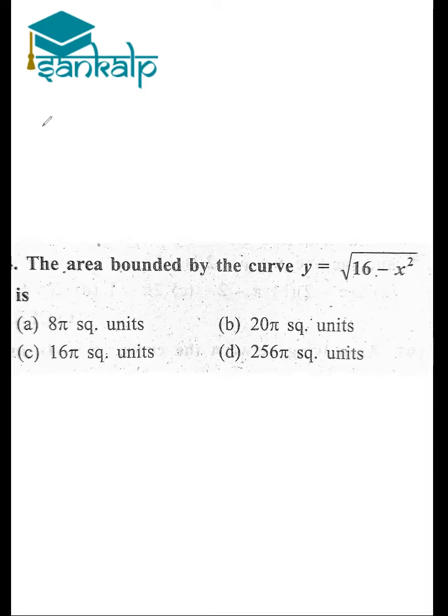So y equal to root of 16 minus x square, pay attention, can be simplified as, on squaring on both the sides we get 16 minus x square, or x square plus y square is equal to 16, or x square plus y square is equal to 4 square.